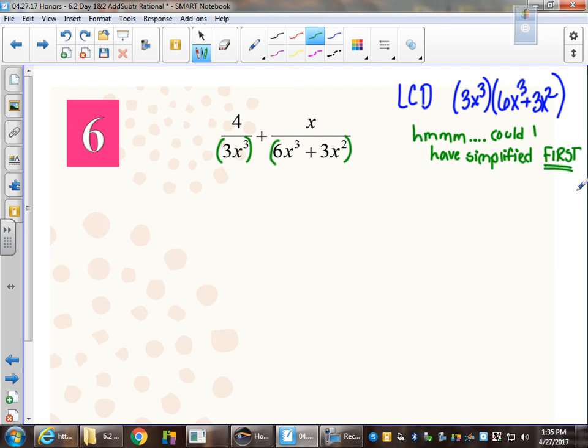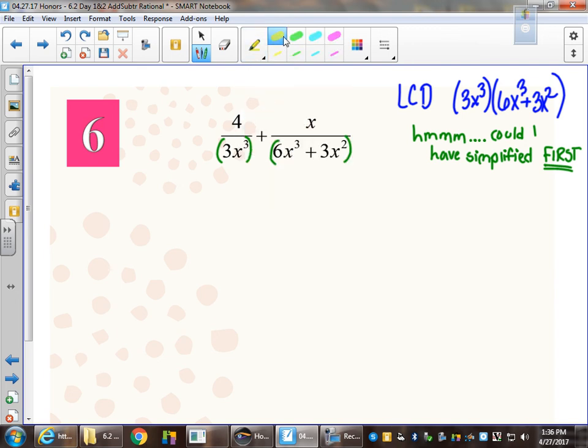So take a second, look at each rational expression, each piece, each fraction, and ask yourself, using your simplifying knowledge, is there something you could have done first? Well, this fraction, nothing I can do. 4 divided by 3x to the third is just 4 divided by 3x to the third.